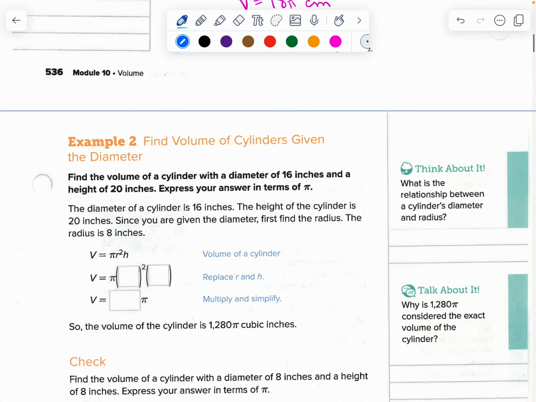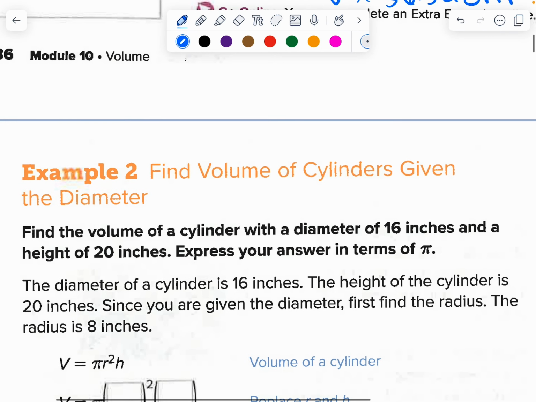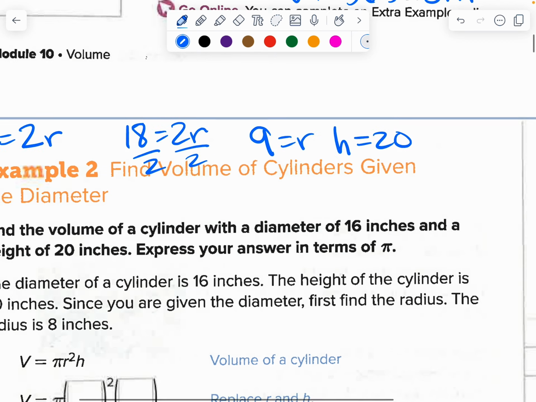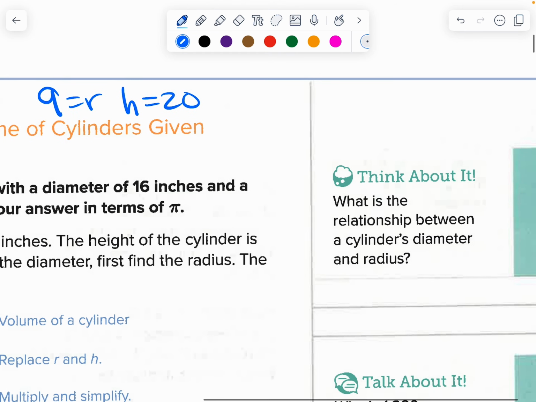Okay. So down here, it says, find the volume of a cylinder whose diameter. Okay, so when we're talking diameter, that is 2 radii. So in order to find the radius, if the diameter is 18, I'm going to divide both sides by 2, and I'm going to get 9 is equal to my radius. Okay, and then the height is equal to 20. So pi r squared h. My radius is 9.